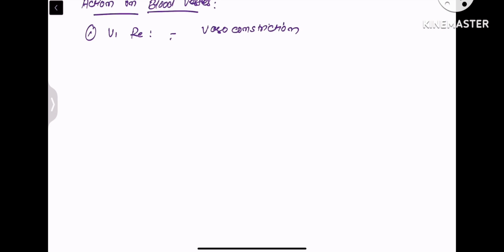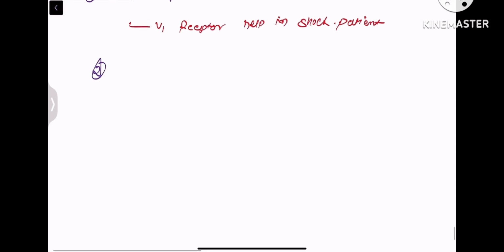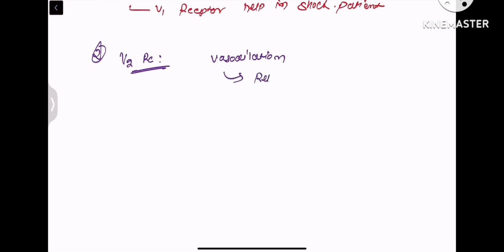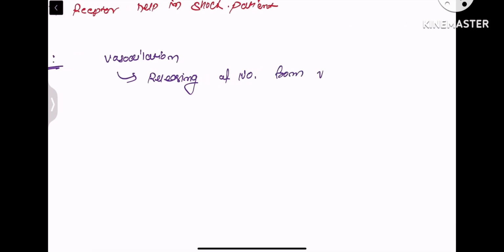So we need to maintain the BP, and we activate the V1 receptor, which causes vasoconstriction, so vasopressin helps in shock patients. Now the second action: the V2 receptor causes vasodilation, by releasing nitric oxide via the endothelium of the blood vessels.